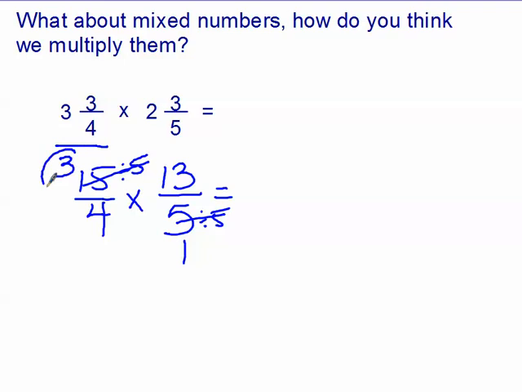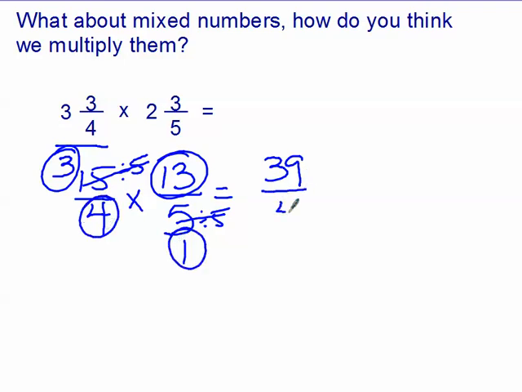So we have 3 times 13 for our numerators, which we know is 39. And we have 4 times 1, which we know is just 4. So now, for me personally, I would much rather simplify 39 by 4 than to multiply 195 by 20.